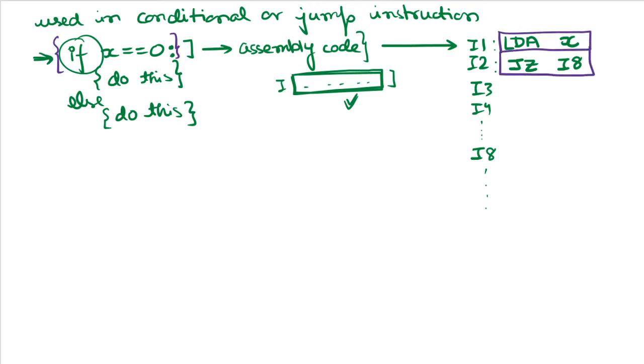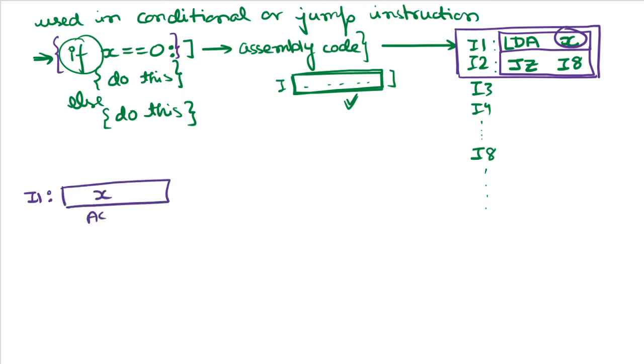If x is equal to 0, this will be this part. Now when we execute this, what happens when instruction 1 gets executed? In that case, our CPU will load value x into accumulator, right? So now this x will be the result for us.